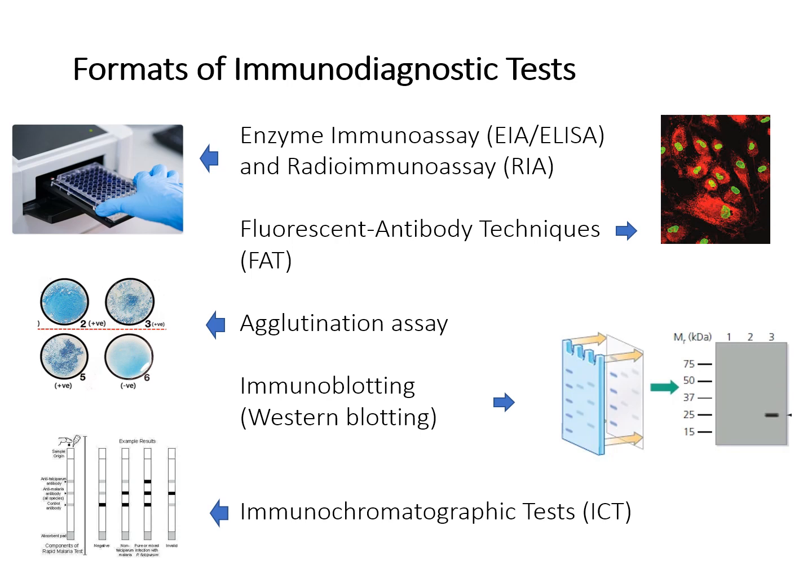The last format that I mentioned previously is the immunochromatographic test, which is ICT. If you remember, we use it for malaria diagnosis. This picture shows two bands. One is specific for falciparum malaria, another one is for other malaria species.